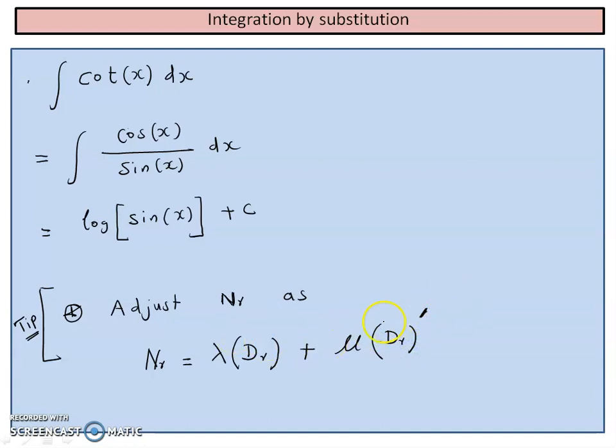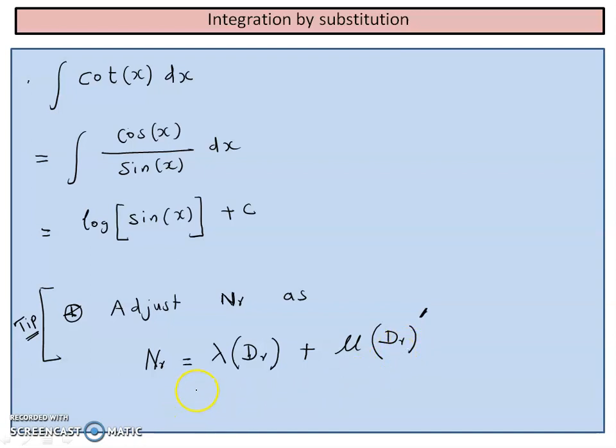समझ गए? Sometimes you will not get a direct question like this. So you have to adjust the numerator in such a way that the numerator will be equal to lambda, some constant, into the denominator plus mu into the derivative of the denominator.